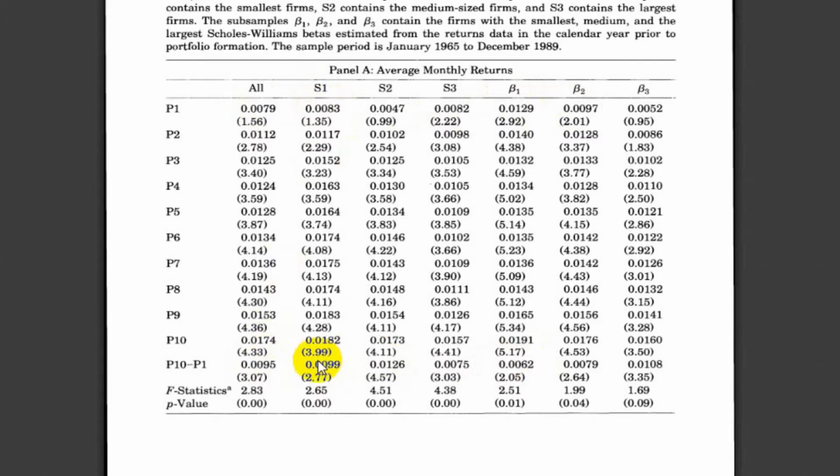Here you can see somewhat of a difference in the subsamples. For instance, the largest companies have a smaller difference in return than all of the companies. And the ones with the highest betas outperform those with the lowest betas.